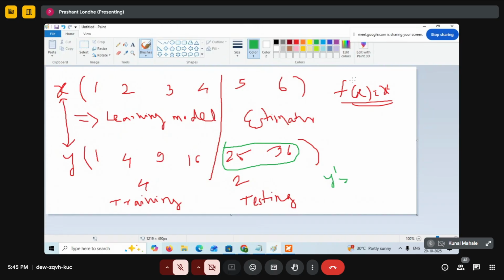The square of 5 is 25, the square of 6 is 36. I am getting the value exactly as y. Therefore, the accuracy is 100%. So the estimator gives me the accuracy of my model.